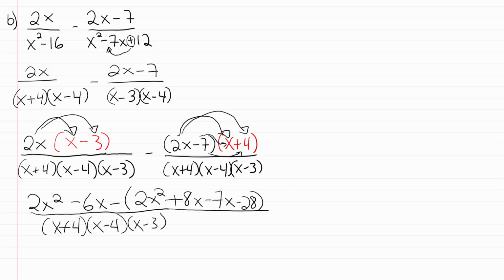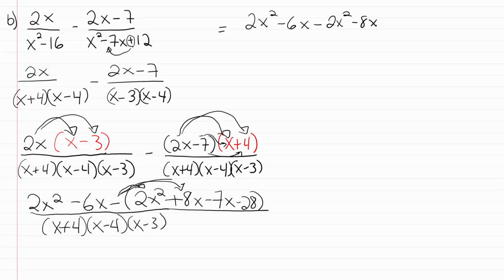All right, from here, what you want to do is distribute in the negative sign. So I'm going to rewrite our fraction, continuing up here in the upper part of our screen. So I'll have in the numerator 2x squared minus 6x minus, so it'll be minus 2x squared. Then a negative times a positive 8x is negative 8x.